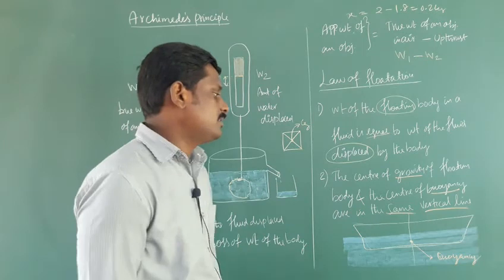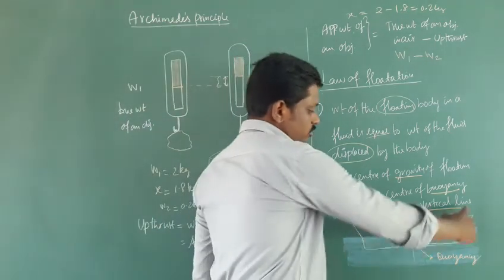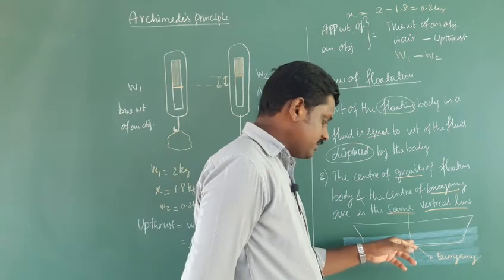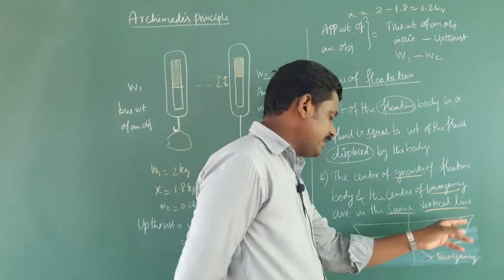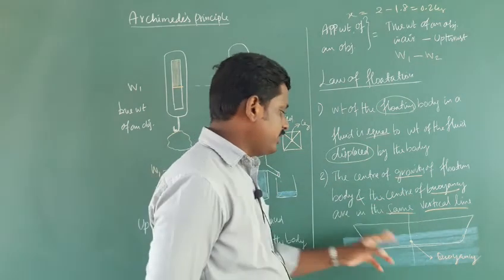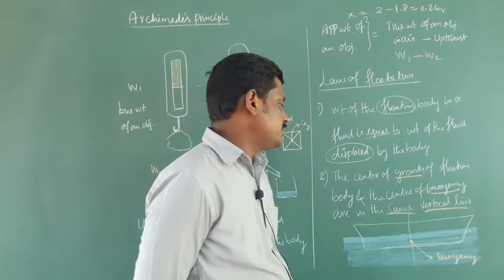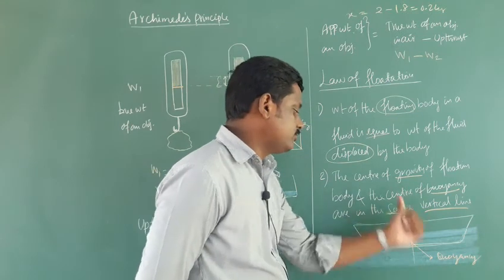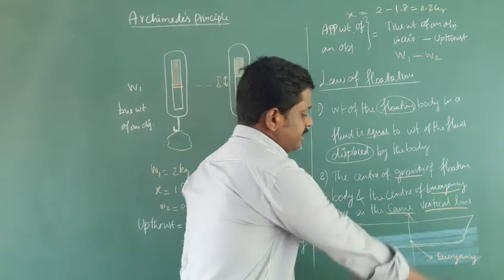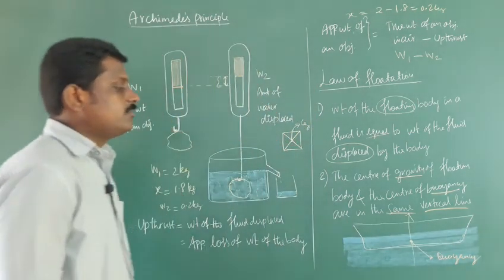These are some examples. Then for the boat, what is the center of gravity? At this point, which you find by drawing lines and cutting at that point. The center of gravity of a floating body and the center of buoyancy are on the same vertical line. The buoyant force acts in the upward direction, and that is the center of buoyancy.